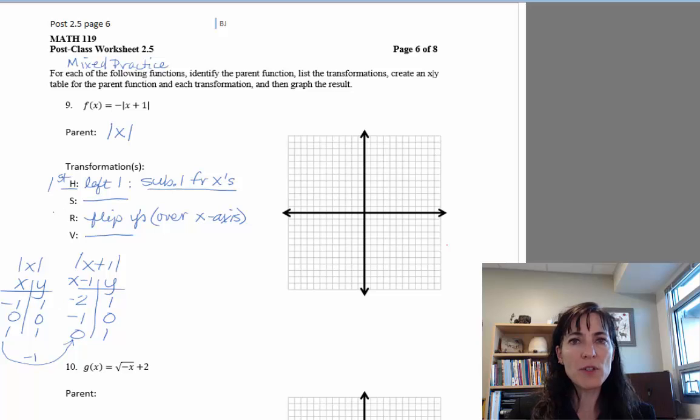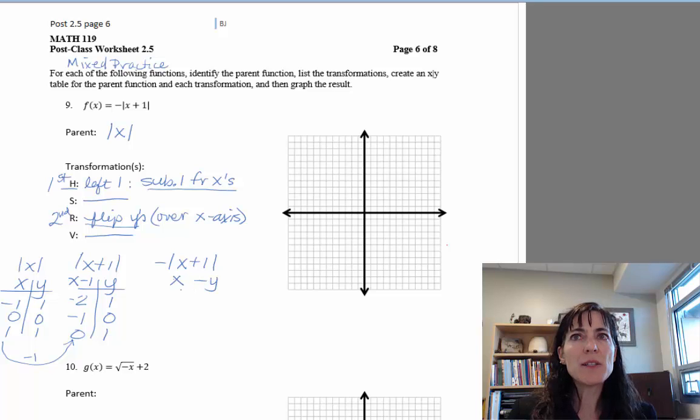I don't have a stretch or compress, but I do have an R for a flip, so I'm going to do that next. That's my second transformation, so it'll be negative, and then absolute value x + 1. And then that means I already wrote my instructions up here, flip my y's.